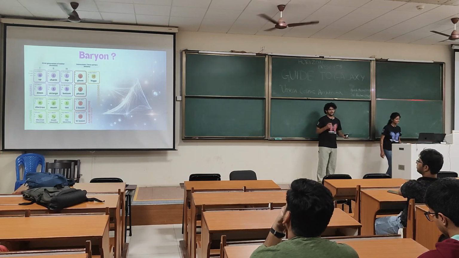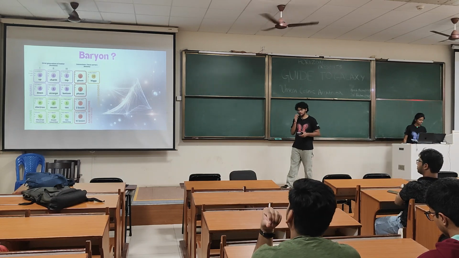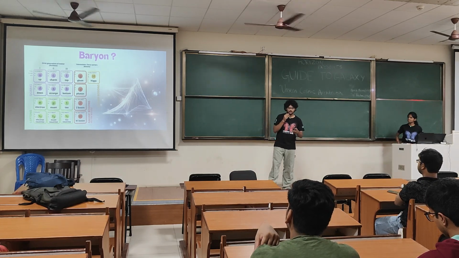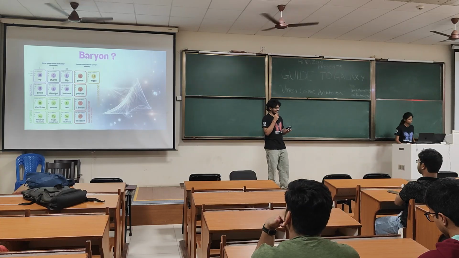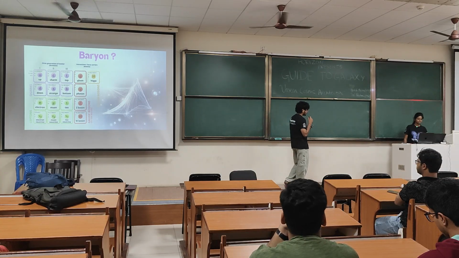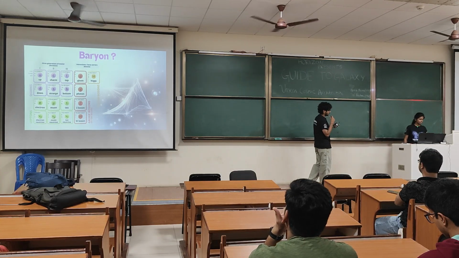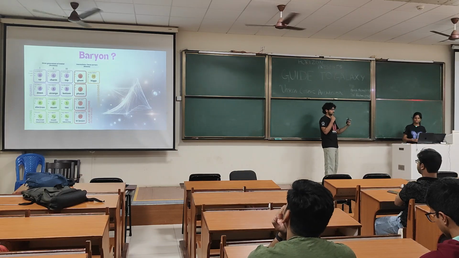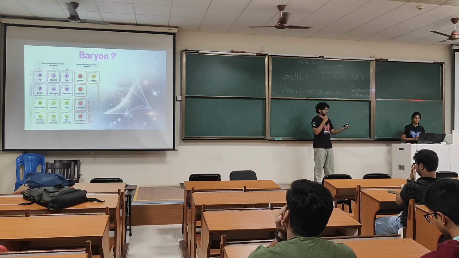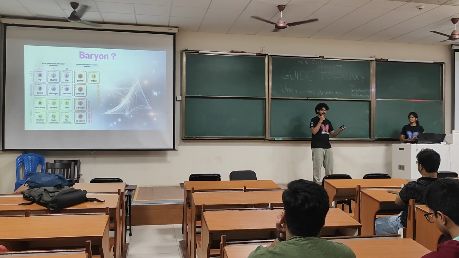So, the missing baryon problem. Now we have used the term baryon, but what is a baryon actually? To understand baryons, we first need to go to the standard model of fundamental particles.